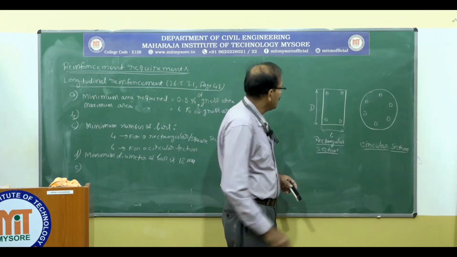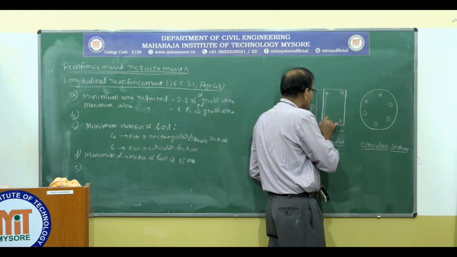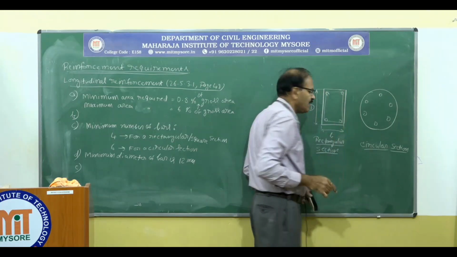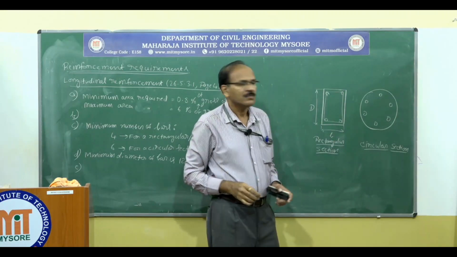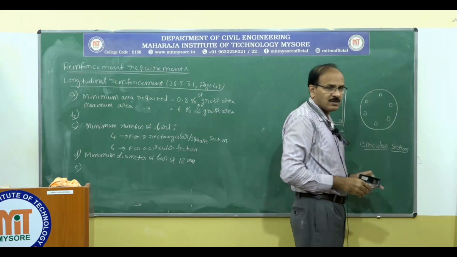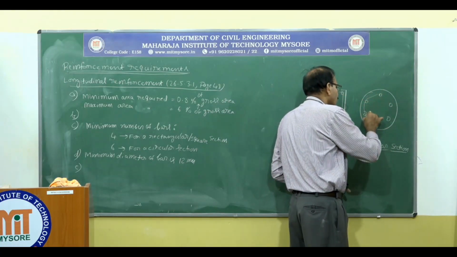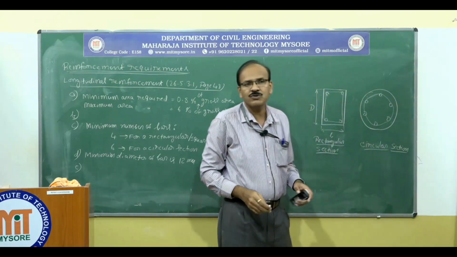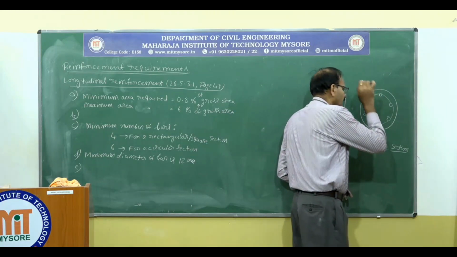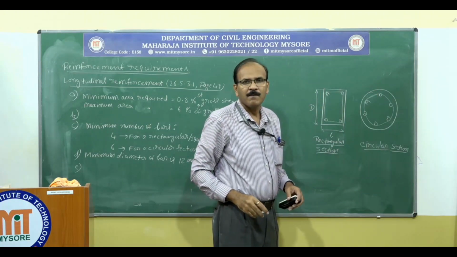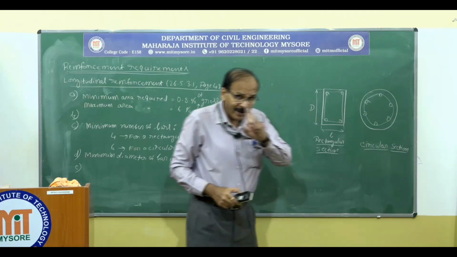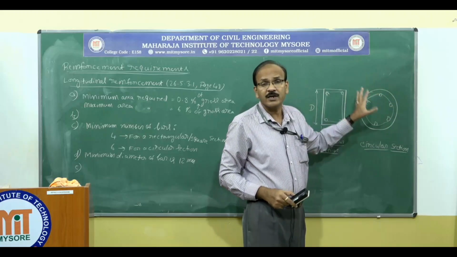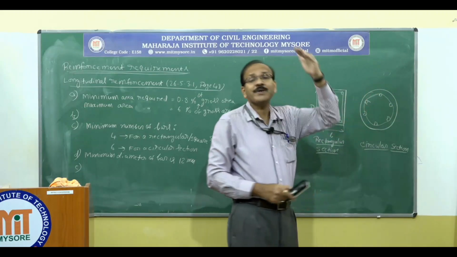So we have 4 bars, we are going to provide lateral ties or lateral reinforcement like this. Similarly for this, of course we are going to provide lateral ties whose shape is circular. Okay. So in case of helical reinforcement, see here we are providing circular rings at certain spacing.